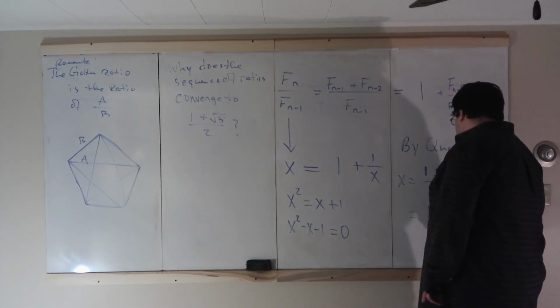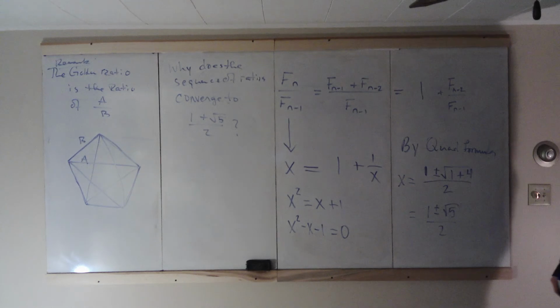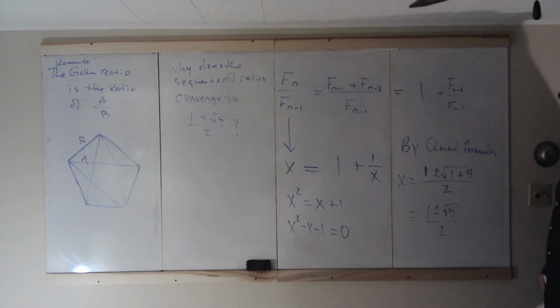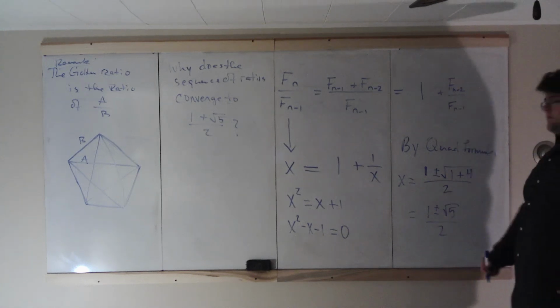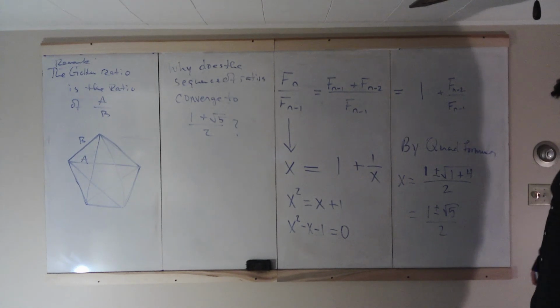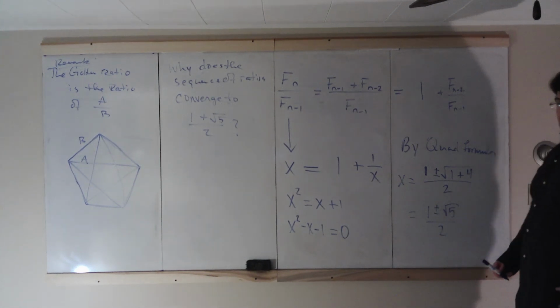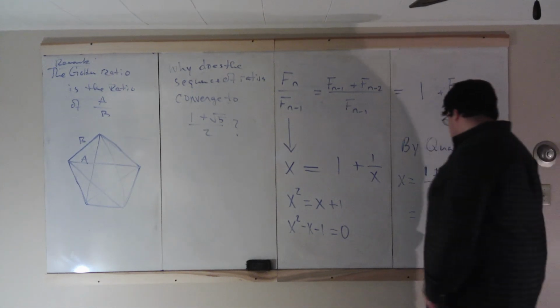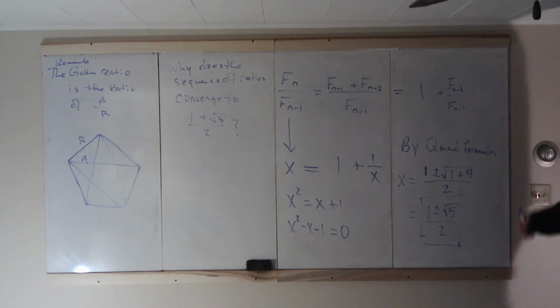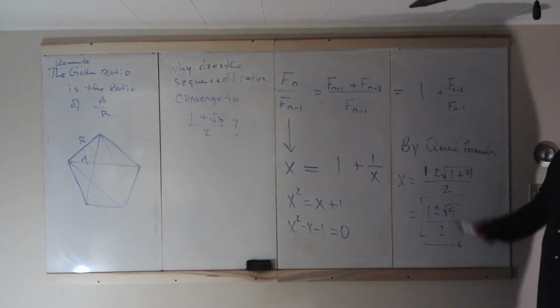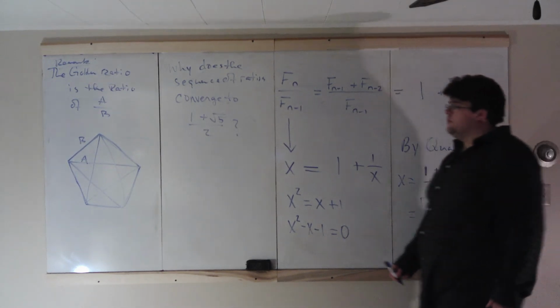So we get 1 plus or minus square root of 5 over 2. That's technically two numbers. The Fibonacci ratios are going to approach the positive of those because they're all positive. 1 minus root 5 is negative. So the ratio will approach the positive of those, which is our golden ratio.